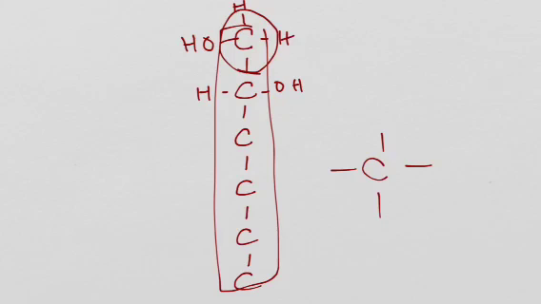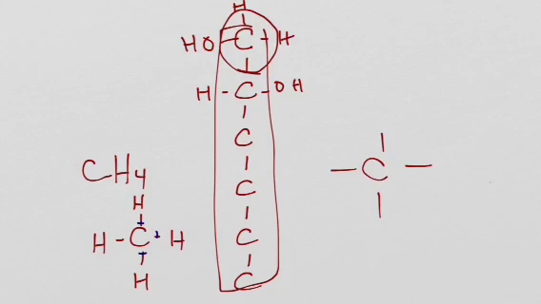Okay, methane is a gas. It's a greenhouse gas. The formula for methane is CH4. Well, when we actually draw a methane molecule out, H, H, H, and H, we see that carbon has 4 electrons, 1, 2, 3, 4. Each of those hydrogens has 1.